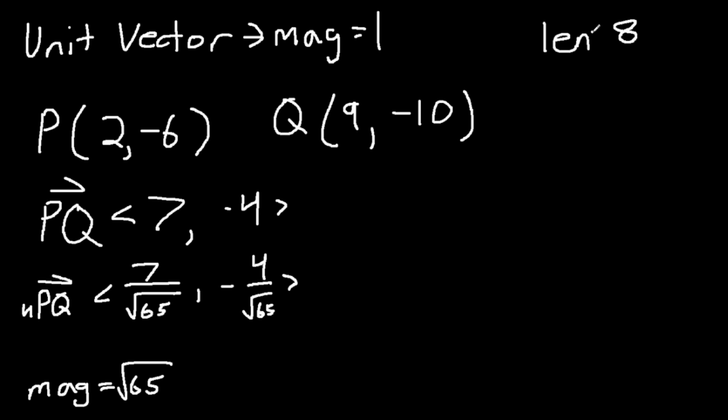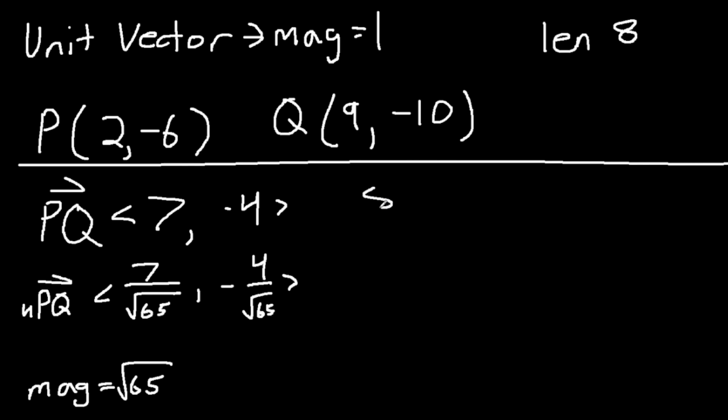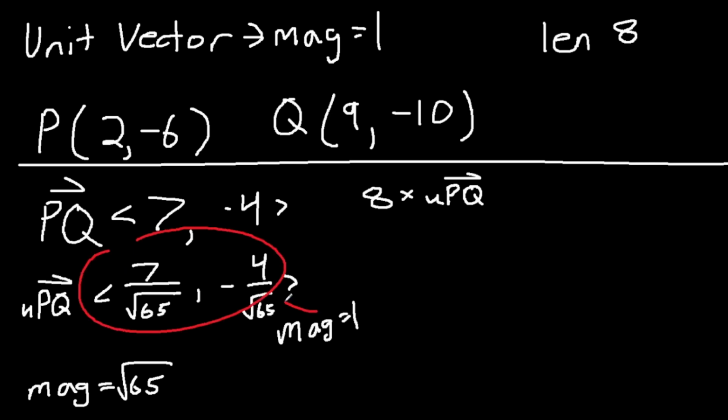So what do we do? We can actually multiply each of these values of the unit vector by 8. Let's separate this: 8 times the unit vector of PQ. Since this magnitude right here is 1, and we want to get a magnitude of 8, how much do you multiply 1 by to get 8?